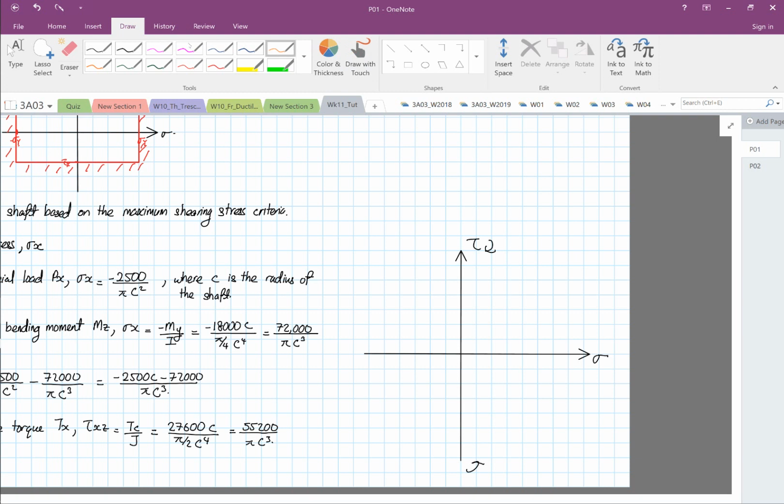So we know that over here, this is our stress Z line, right? Zero stress, and then we have our stress X somewhere around here, and then the shear. So I'm going to take our shear somewhere around here.